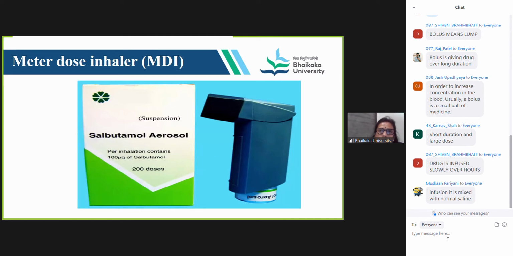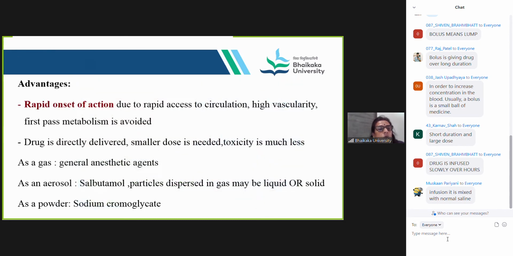Okay. Just now you remember the inhalational route. Again, the rapid action. It is the route for systemic action, and particle size matters for this route, and there are certain devices. So these are about the inhalational route.